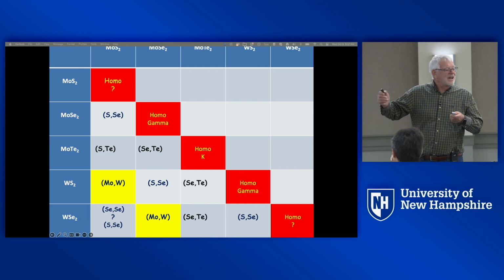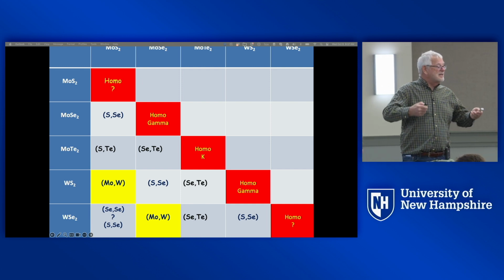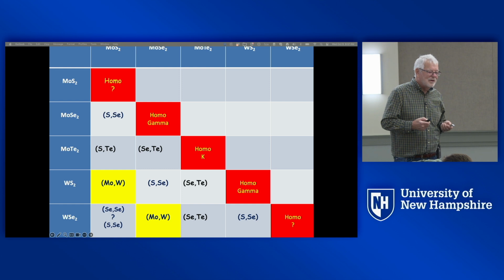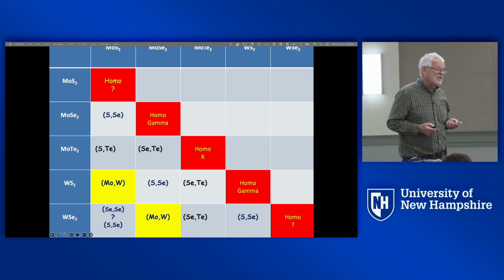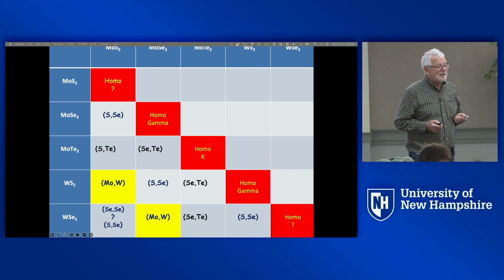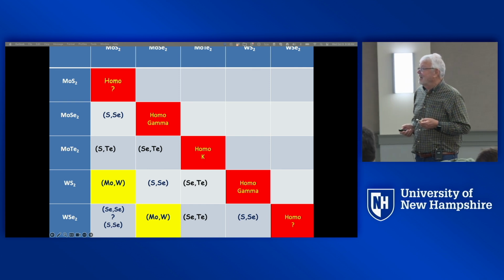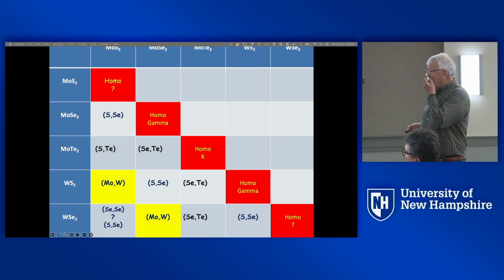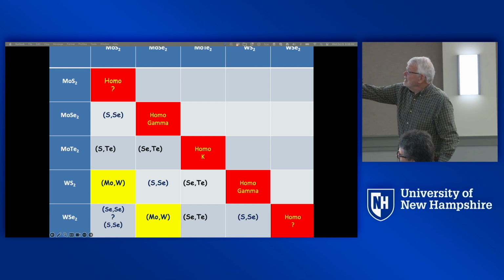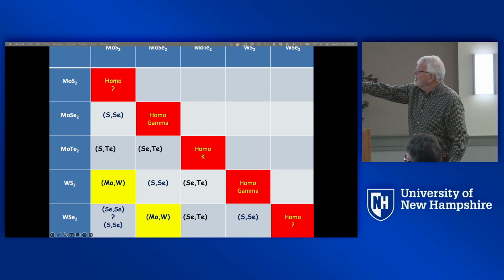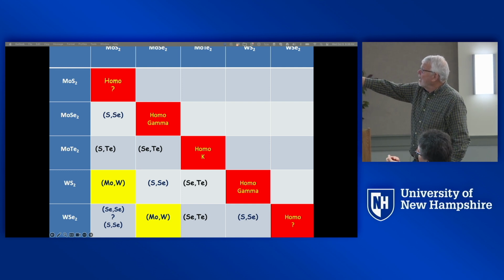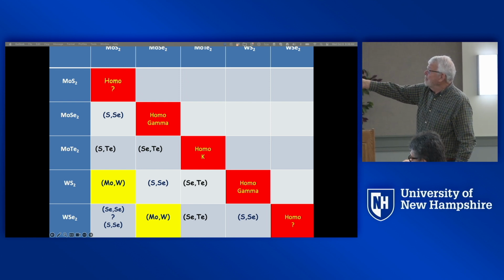This is, anyway, a class that maybe it wasn't so obvious that everything would work so well for this system when experiments first started. But it's really been spectacular, the amount of physics that's been discovered in this TMD platform. So the TMDs, transition metal dichalcogenides, I've put up here the 5 transition metal dichalcogenides that have the 2H structure that I will talk about.